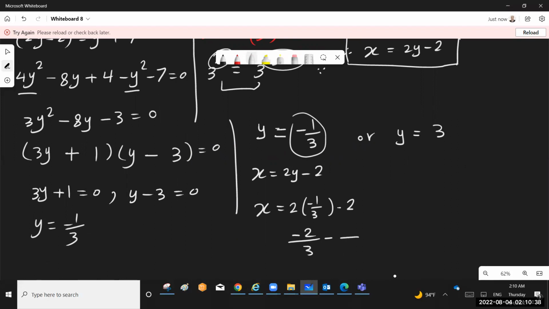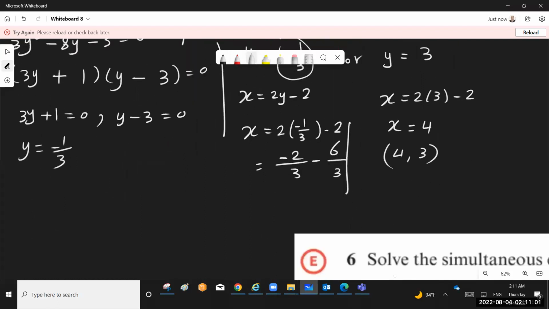Use a common denominator of 3 to make it easy to subtract. And the other one, y equals 3, so x is equal to 2 times 3 minus 2, which gives you 4. So I have 4 and 3.